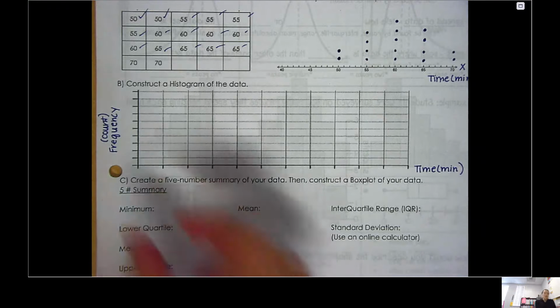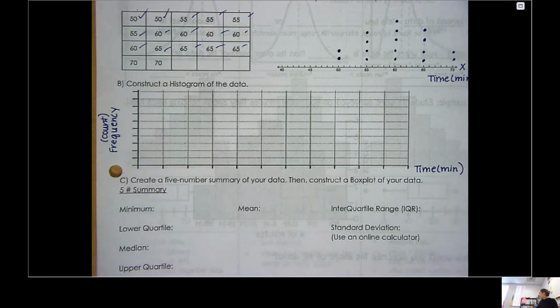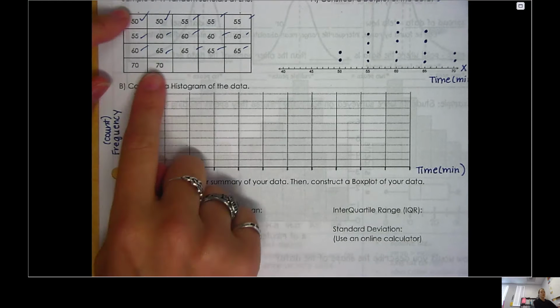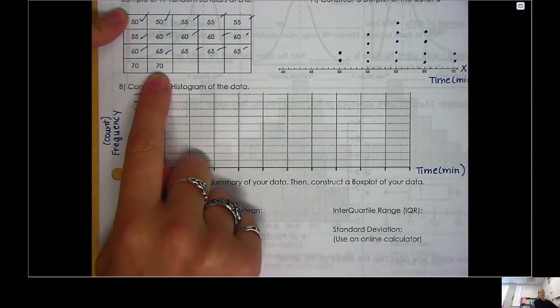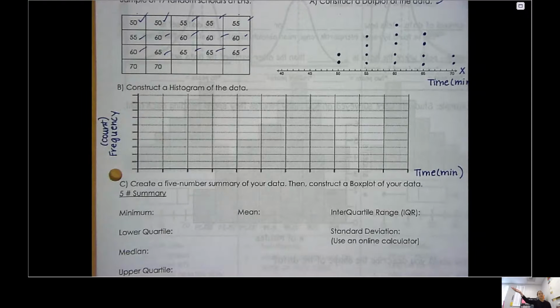Now, you can count by whatever you want to count by. You can count by 2s, 4s, 5s, or 10s. It doesn't really matter as long as it fits your data. So, since most of my data is between 50 and 70, should I count by millions? Is that a good choice? Not really. What do you think I should count by?